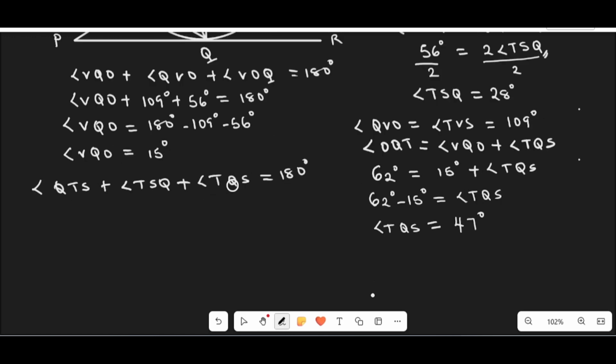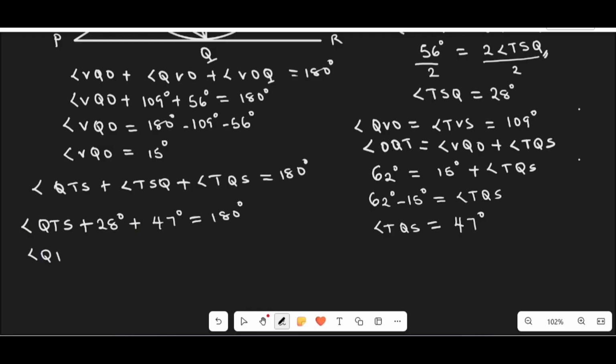Angle TQS is 47 degrees. Angle TSQ is 28 degrees. So let us substitute them into this equation. Angle QTS plus 28 degrees plus 47 degrees equal to 180 degrees. So let us transpose this to the right hand side.